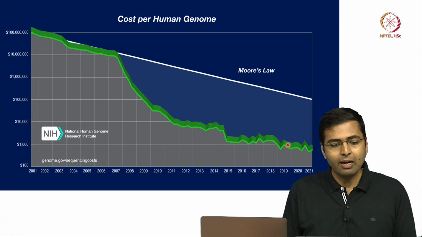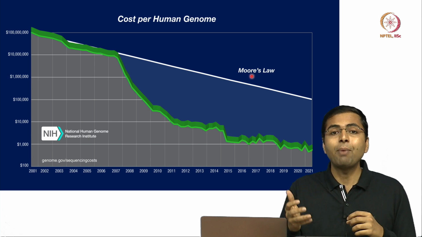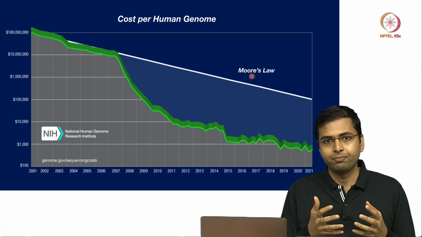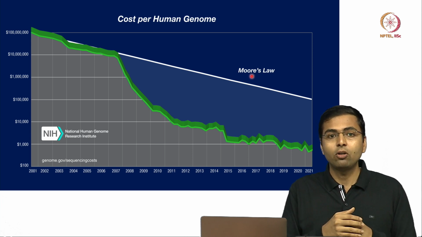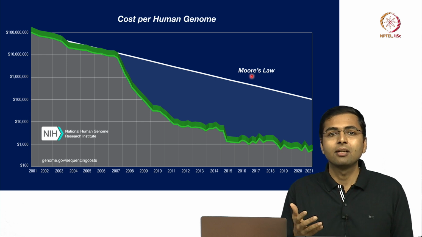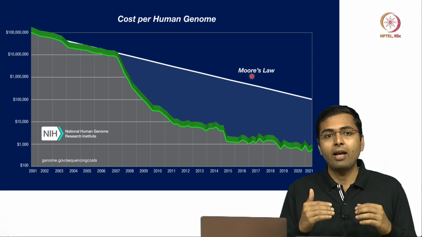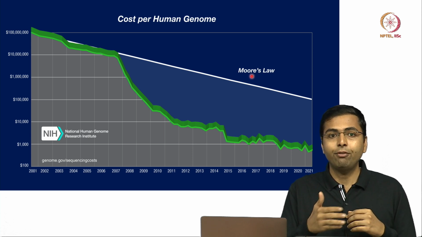You also see a comparison of this drop in sequencing cost with Moore's law. This is to show that we cannot just rely on computing power, because each year computers are also getting faster, but the rate at which sequencing technologies are becoming ubiquitous and cheaper has outpaced Moore's law, and that is where algorithms also have to catch up and process this data faster.